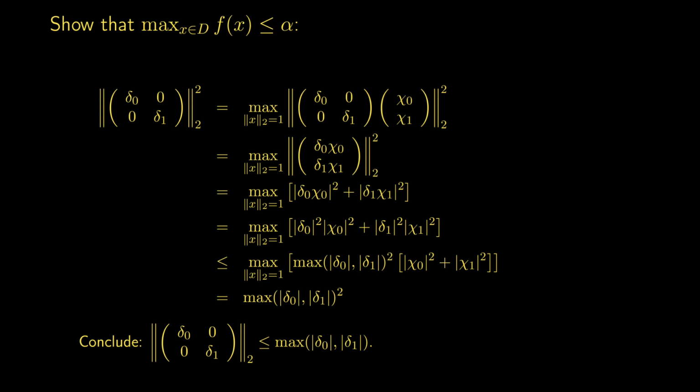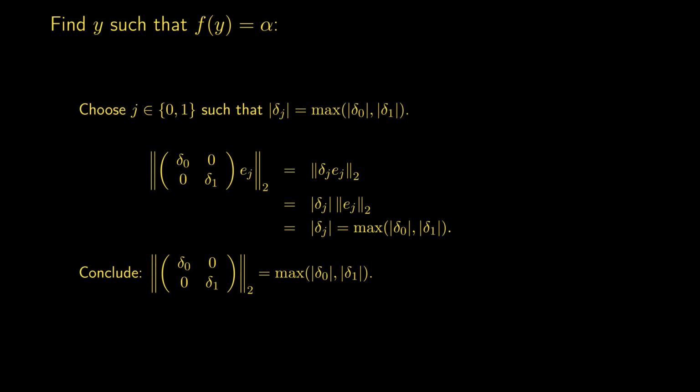So in the first part of the proof that's just repeated here, what we did was we focused on the definition of the 2 norm, and then we showed that it was less than or equal to the desired result. That's our alpha. We then said, okay, we can find a specific vector for which the alpha is attained.